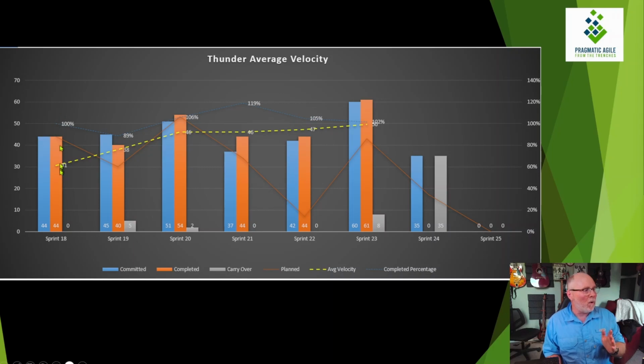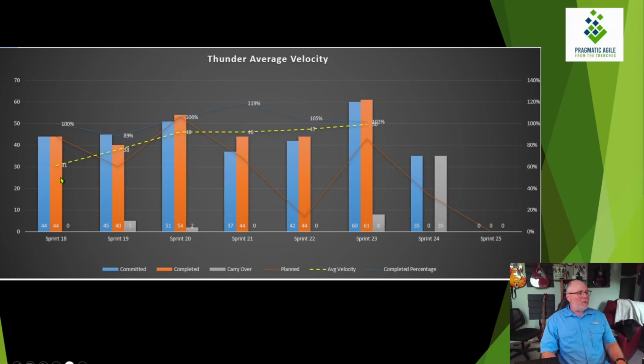The orange column represents what they actually completed in the sprint. And this blue bar right here, the dotted line, is the percent complete that you're looking for. This is your predictability. It's a comparison between what you committed to and what you completed. The yellow dotted is your average velocity at the time of these metrics.